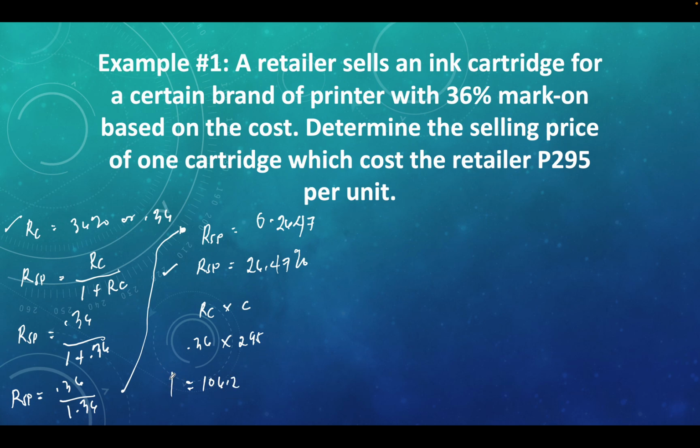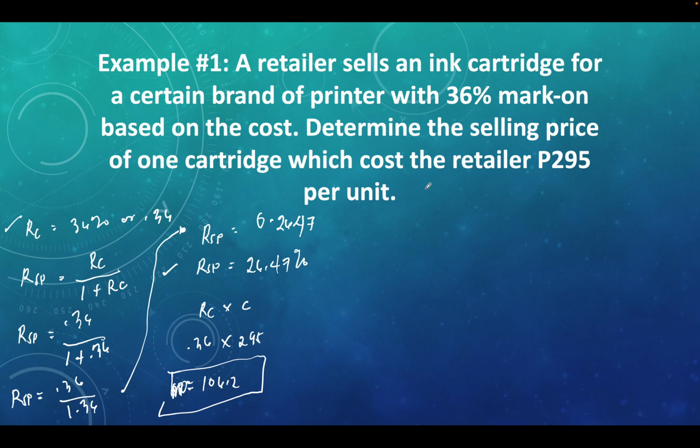This is the mark on natin. And then, kapag inadd mo siya doon sa cost natin, dapat pareho sila ng selling price. Dapat yung selling price mo is pareho dun sa makukuha mo.